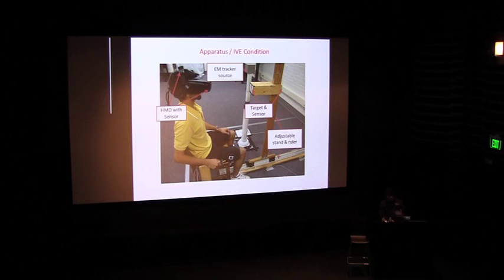And the virtual replica of this apparatus was modeled very carefully to match the physical apparatus. We even used an electronic stylus that came with our tracking system to measure the dimensions of the target block and the stand and things like that in order to model it correctly. There was also a sensor in a participant's stylus that they used to show via physical reach responses where they perceive the target to be.